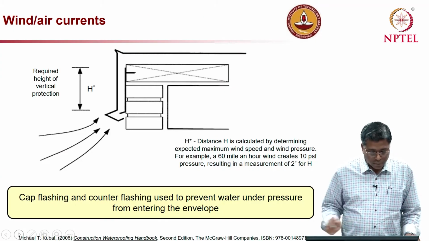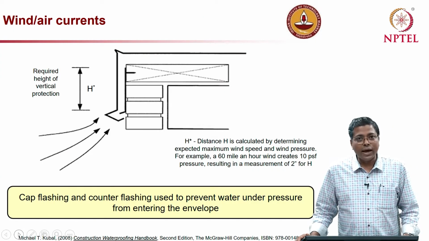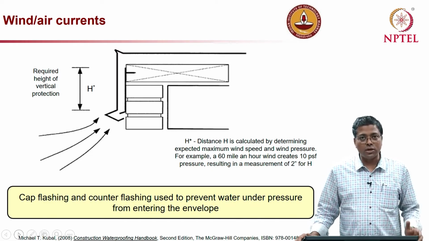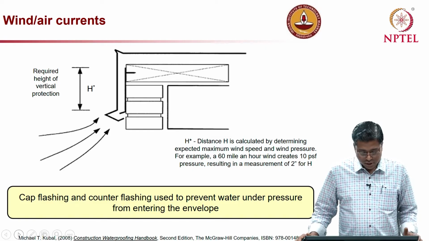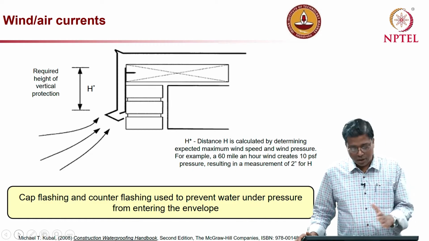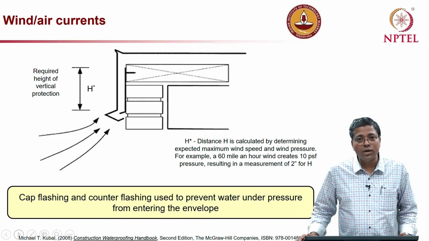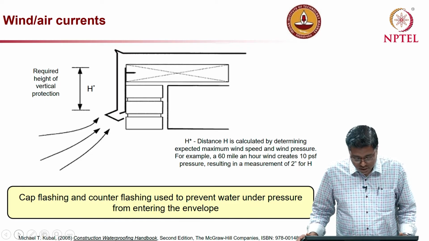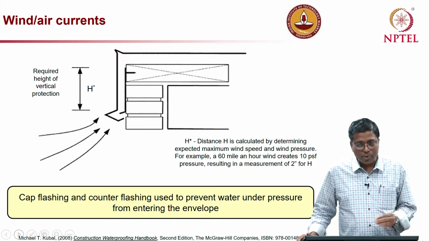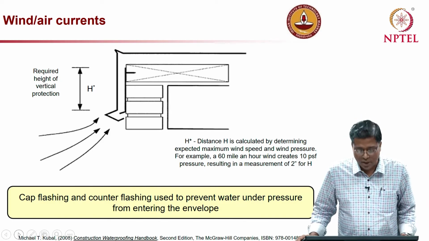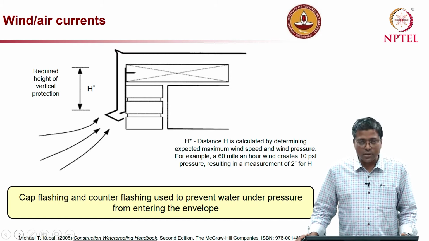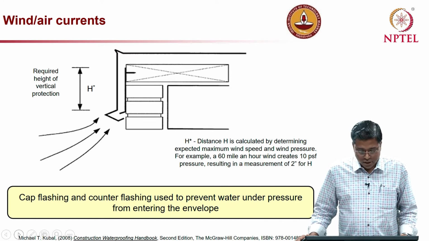the surface tension. Yeah. Now, wind and air currents. Here a little bit of pressure is also involved, because the water just hits the building elements, and it is not just capillary suction or anything, but the pressure, the speed at which the water is hitting, can also create faster infiltration into the building.